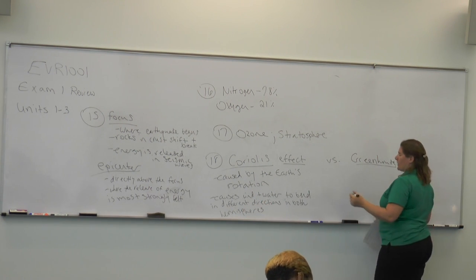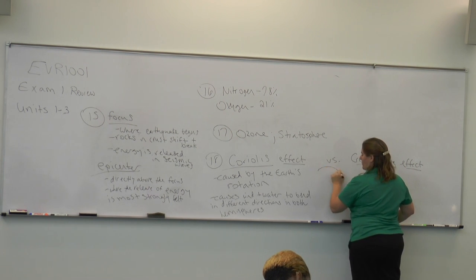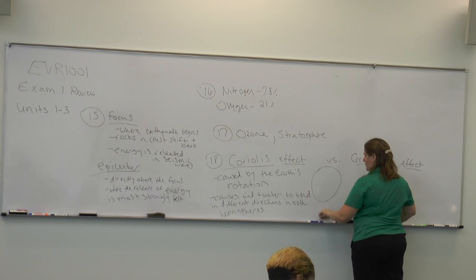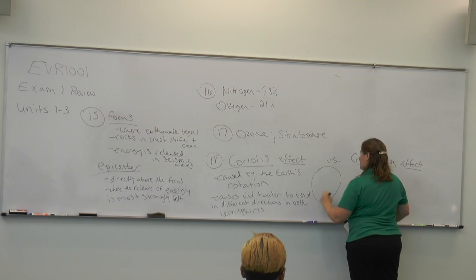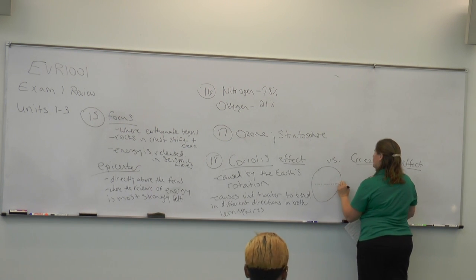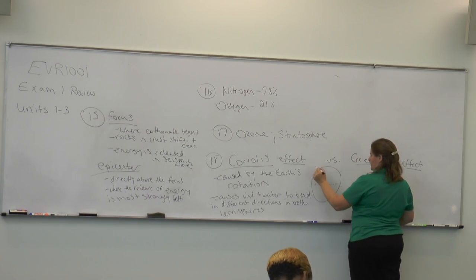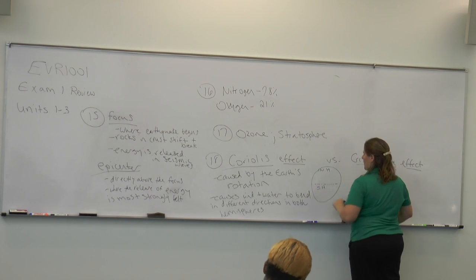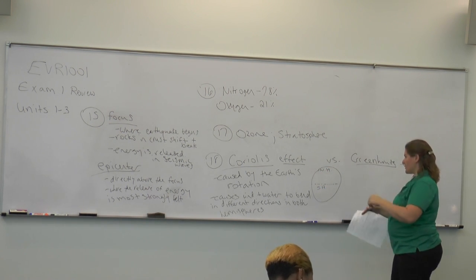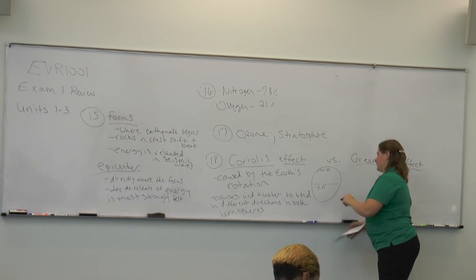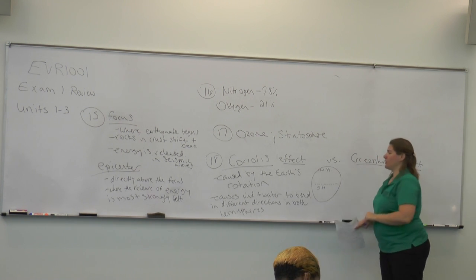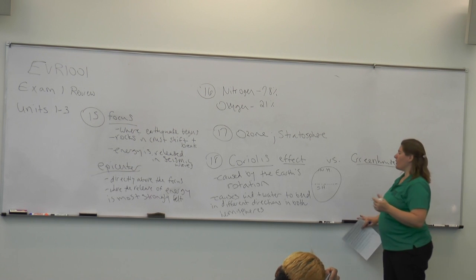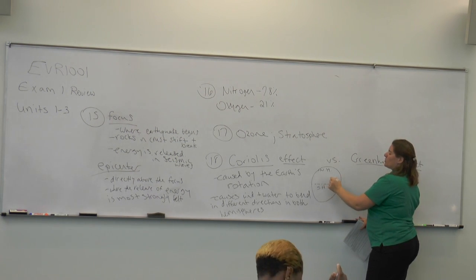Do you remember which way the wind and water bend? Let's say this is the Earth, and this is the equator. This is the northern hemisphere, and this is the southern hemisphere. Because of the Coriolis effect, caused by the Earth's rotation, wind and water in the northern hemisphere bend in which direction?